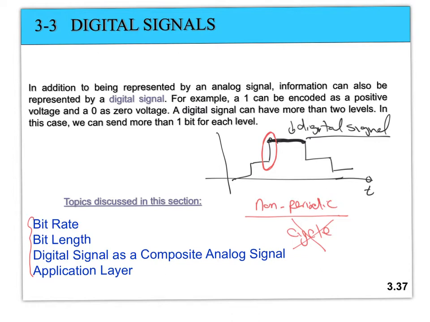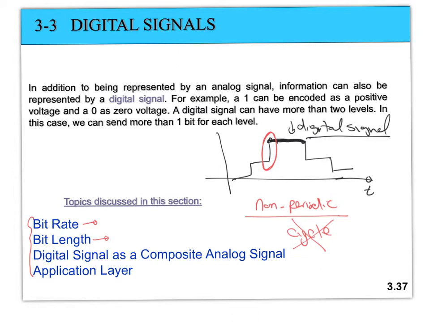These digital signals are characterized by different parameters compared to the analog signals, in particular the periodic analog signals. We need to talk about the concept of a bit rate, as opposed to the cycle duration for the periodic analog signal. We need to talk about the bit length, which corresponds to the wavelength of the periodic analog signals.